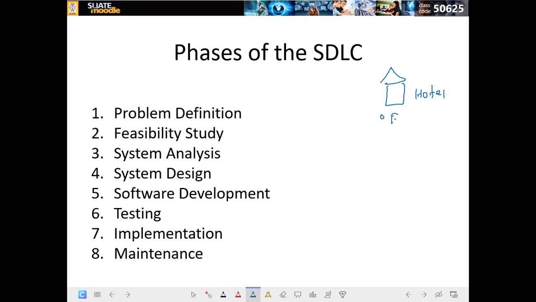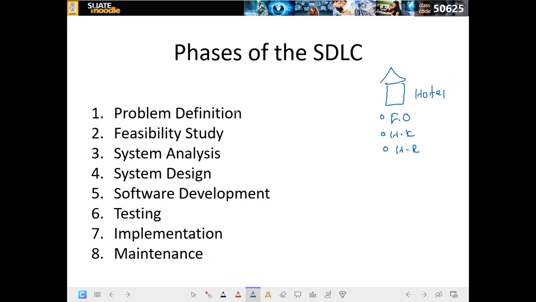One is definitely the front office. For example, again, housekeeping. And the other one is the HR department, the human resource department. Right. Now the hotel does not have a computerized system. So therefore you are going to make a computerized system.